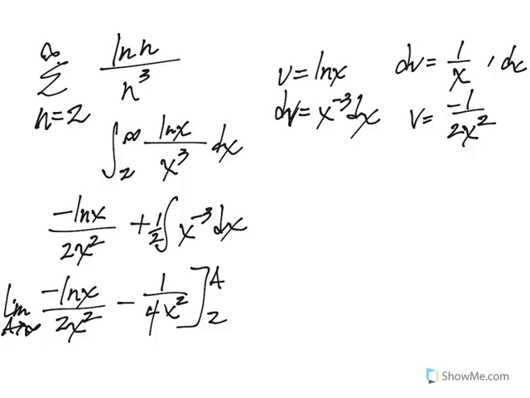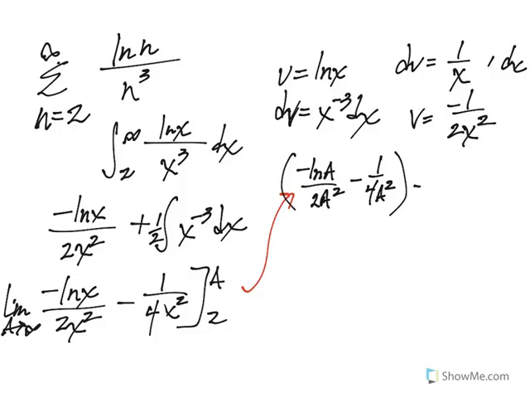All right, so let's go ahead and evaluate this. This is going to give me negative ln of a all over 2a squared minus 1 over 4a squared, minus then, when I plug in 2, negative ln 2 all over 8 minus 1/16. So let's take a look at what happens when I plug in infinity for a.